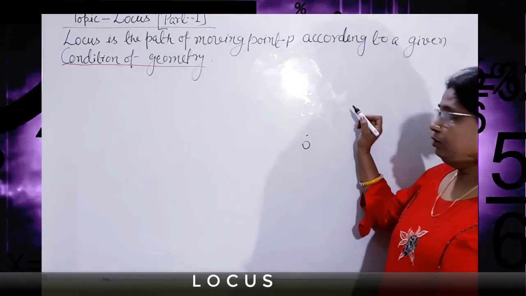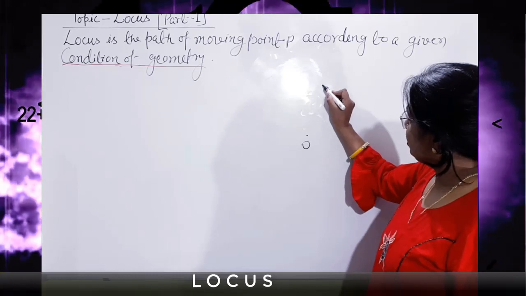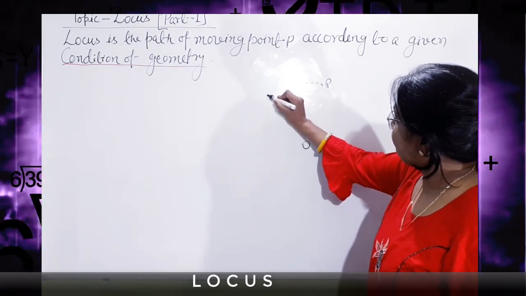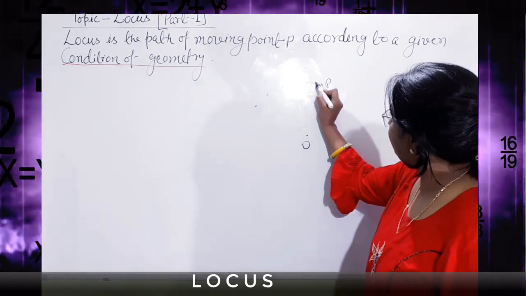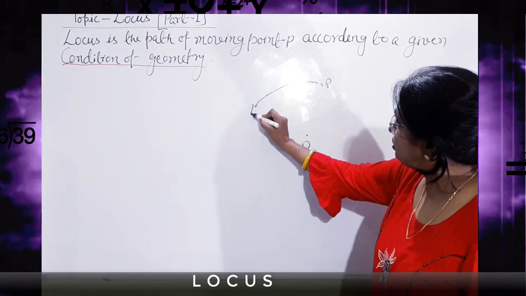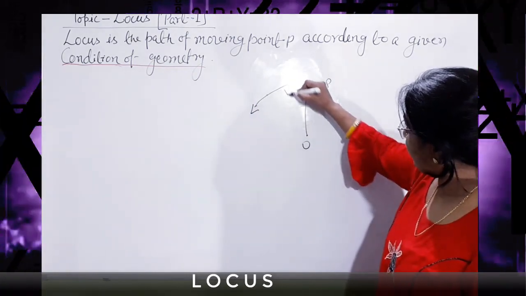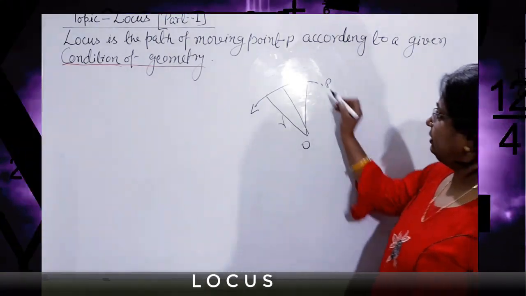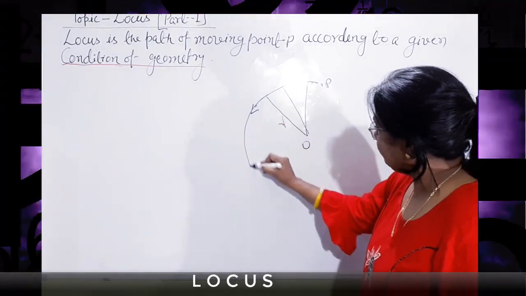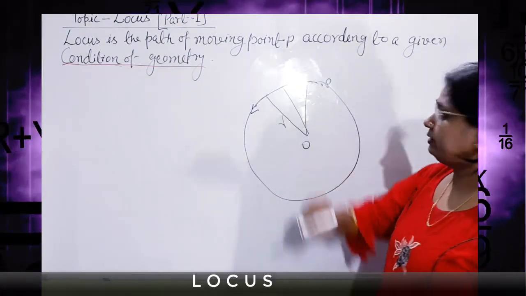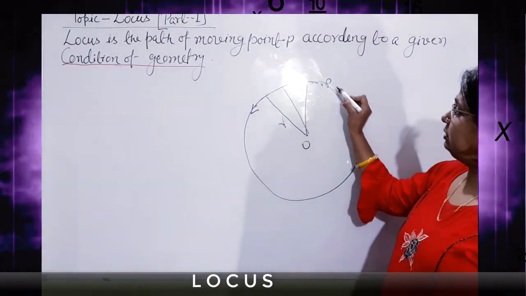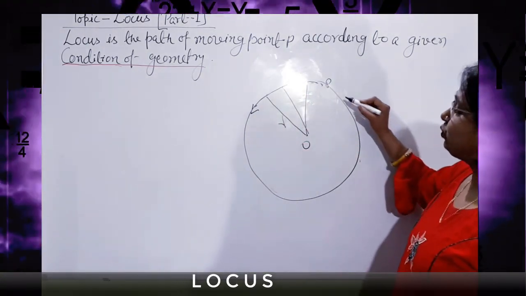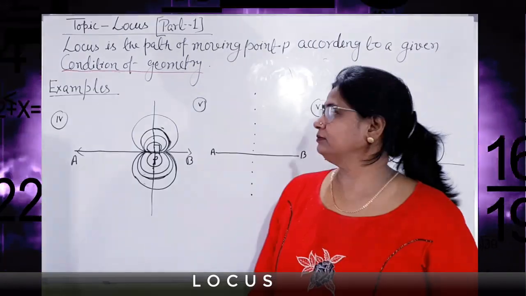Now the locus of the point P, such that each and every point of the locus, that means path, is equidistant. Suppose this distance is R, then the points at equal distance from O form a circle. That means each and every point of the path satisfies the certain condition of geometry.